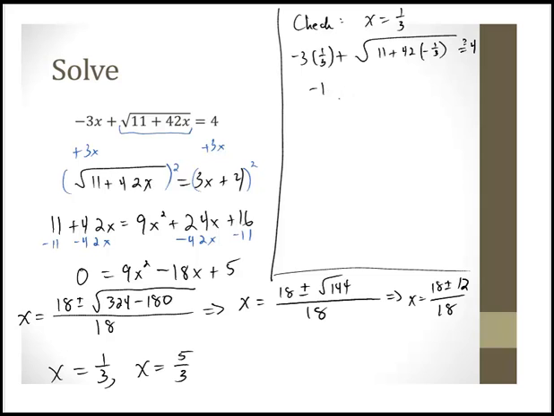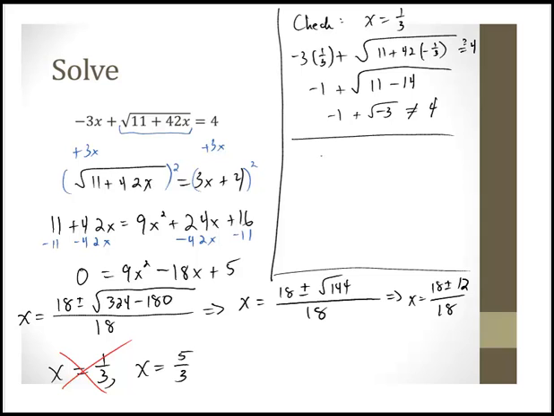So that's negative 1 plus the square root of 11 minus 14, since 42 times 1/3 is 14. So that's negative 1 plus the square root of negative 3 is equal to 4. That's not equal to 4. So that one doesn't work. Alright, so x is not equal to 1/3.